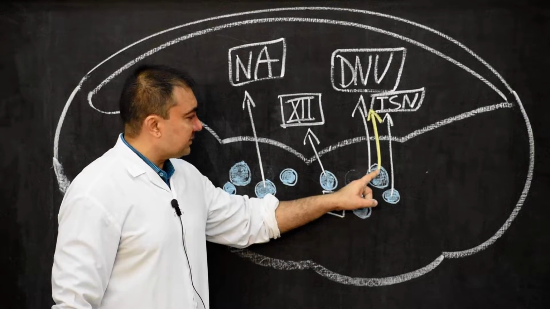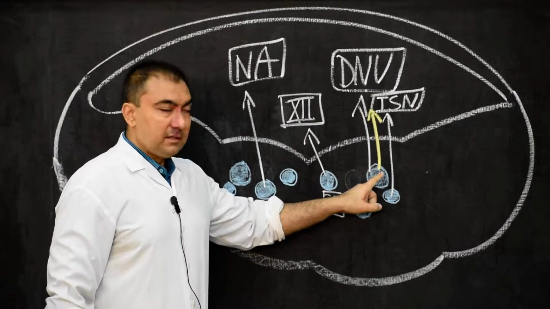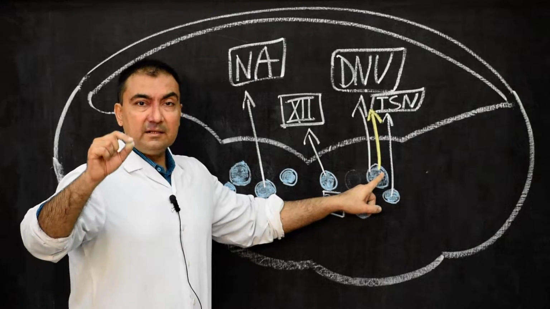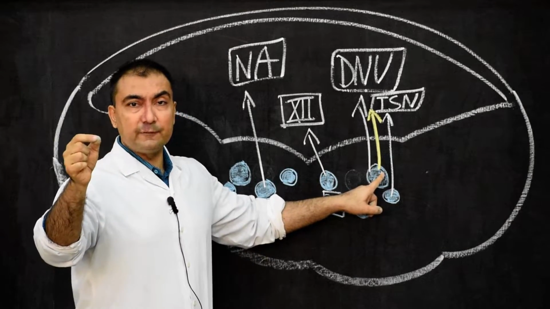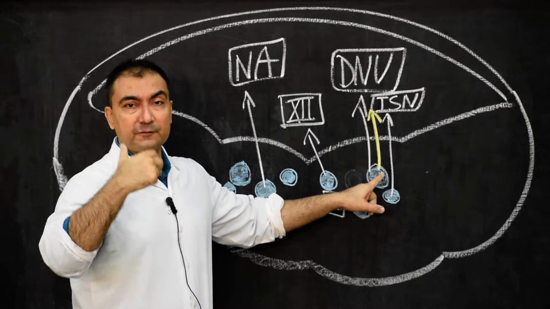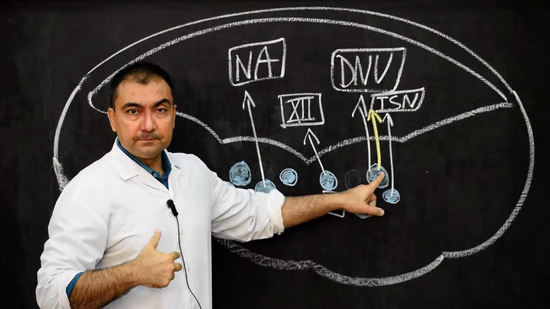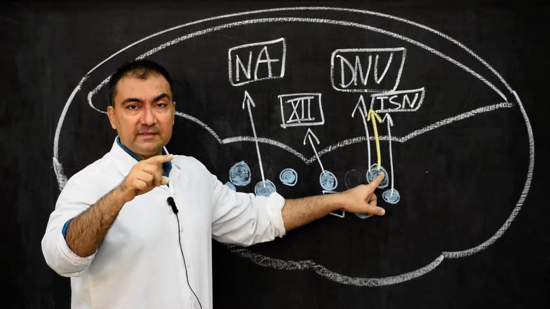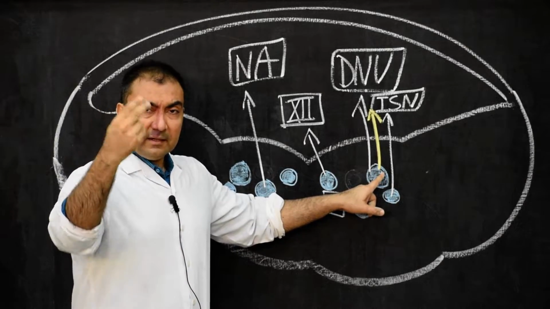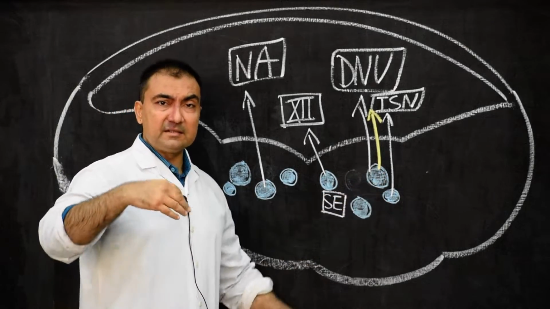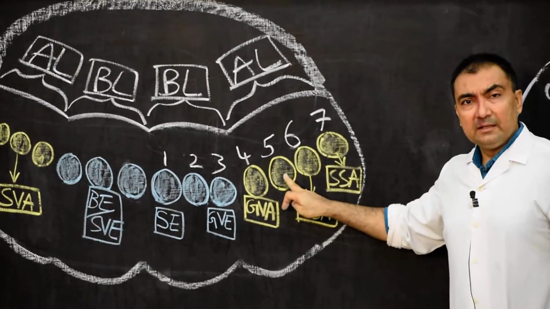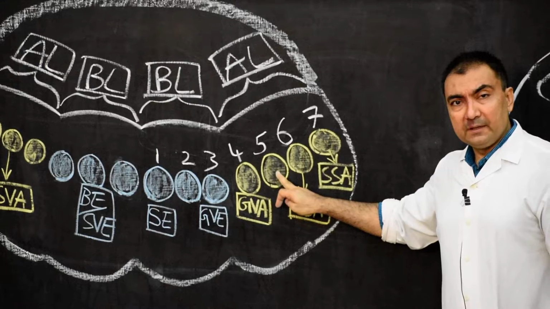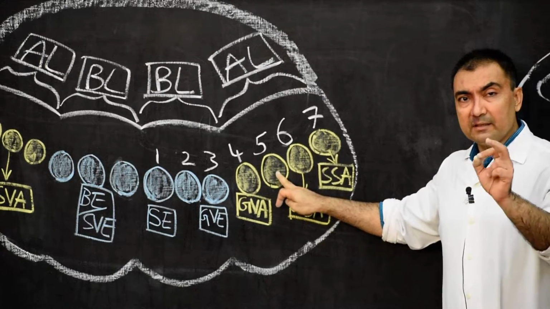Therefore the dorsal nucleus of vagus will be general visceral afferent in the alar lamina. It will also represent general visceral afferent because it will bring sensations from the abdomen. Then the next functional component besides general visceral afferent, which we saw here, was functional component number 5, special visceral afferent.